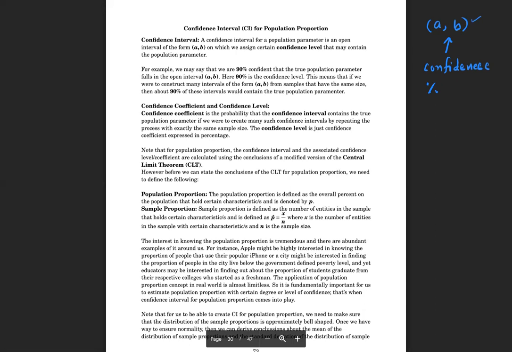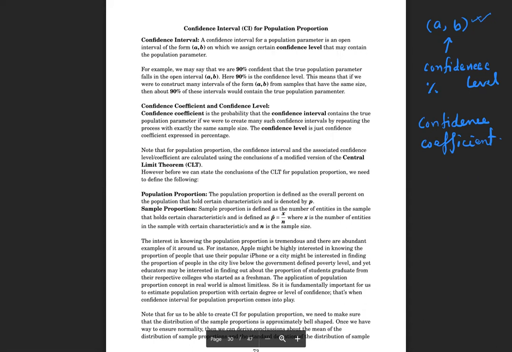In this case, population proportion. So that's the confidence level. And there is something called confidence coefficient. The confidence coefficient is the probability that this confidence interval will actually contain the population proportion or population parameter.